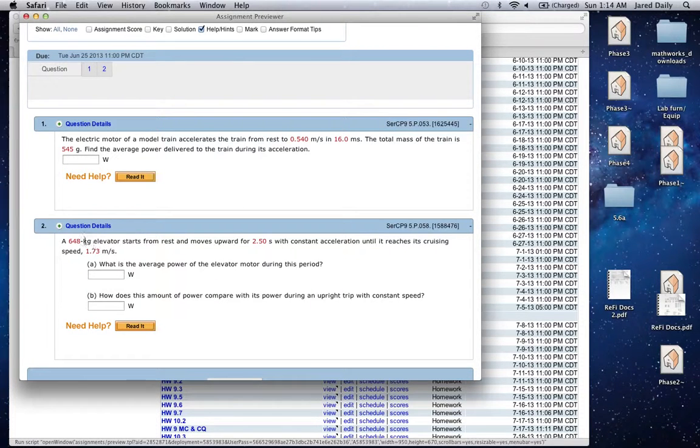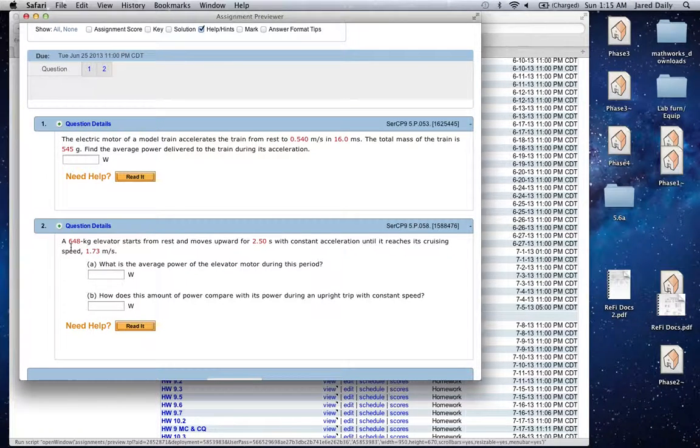Second one, you have the mass of an elevator, moves upward 2.5 seconds, constant acceleration until it reaches cruising speed. Again, you're going to probably have to use some kinematic equations for this final speed and this time to find the acceleration. You have to add to that the gravitational acceleration, which the elevator is going to have to overcome, and then multiply that total acceleration times this mass to get a force.